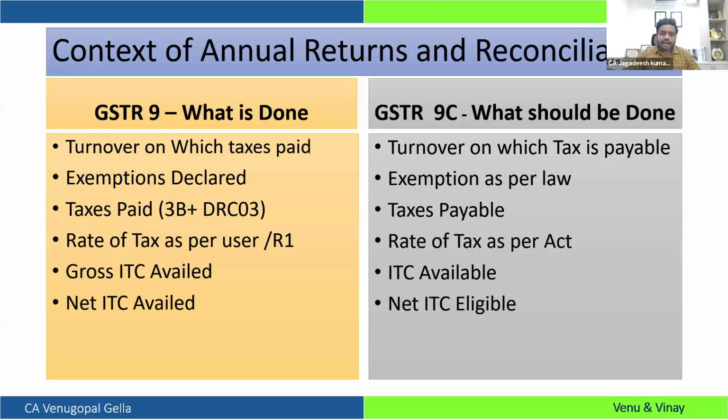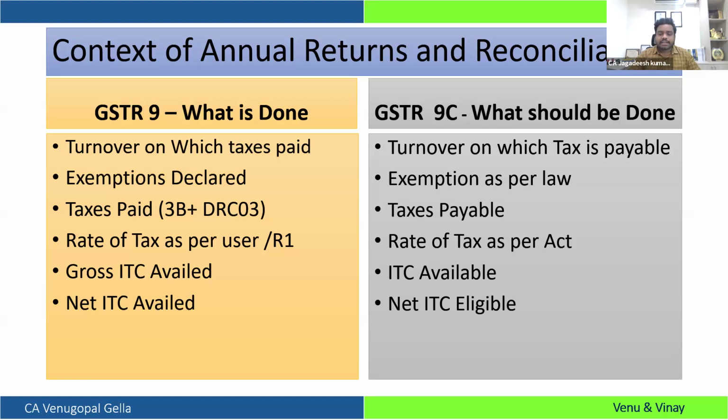Before moving on to the contents of the GSTR-9, we'll see the context of the annual return, that is GSTR-9 versus 9C. GSTR-9C talks about what should be done, whereas GSTR-9 is what you have already done.